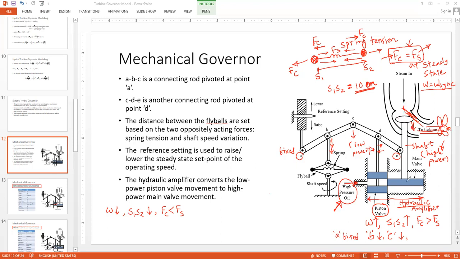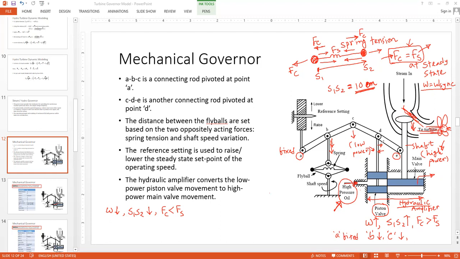So if we can control this main valve movement, with the help of this piston valve movement, then we can control the steam flow. And once we are able to control the steam flow, that will enable us to control the mechanical power, PM.